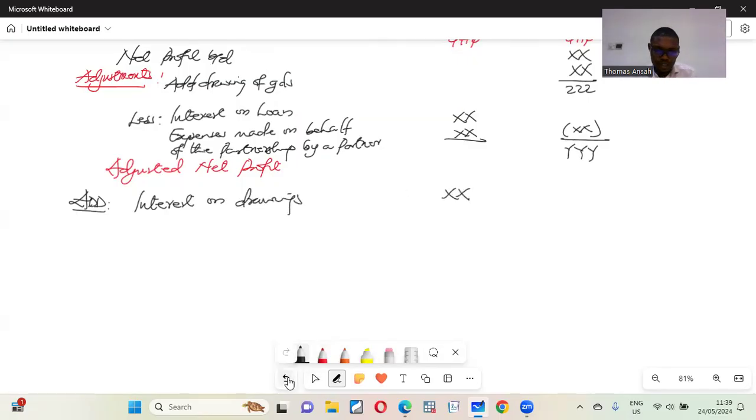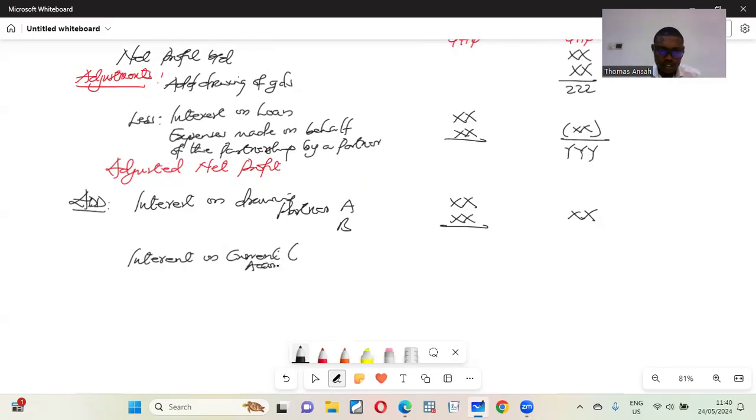Let's say all the partners. So we have the interest on drawings of partner A and of partner B. We put them together, and we will add that. Then we have interest on current account, debit.